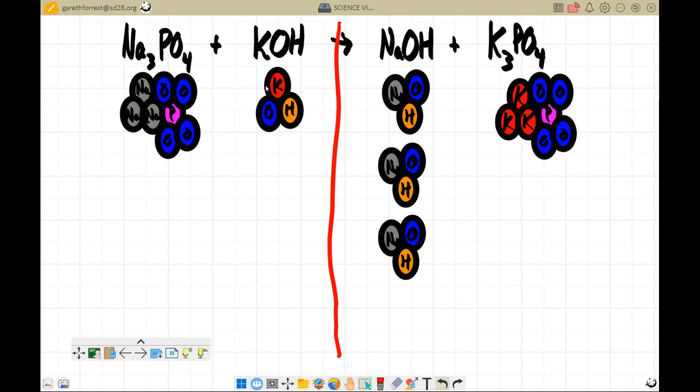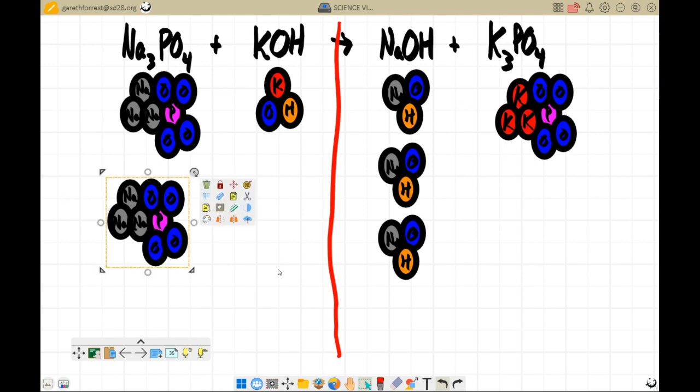Going with KOH is the better route because if we went with the oxygen from Na3PO4, if I've recreated those oxygens there, we've now got 9 overall on this side, which is far more than the 7 over on the right side. So I'm going to have to do some more finagling with oxygens on this side in order to balance that out.